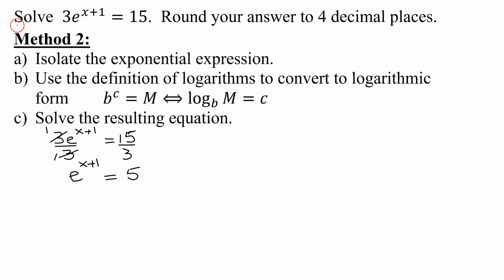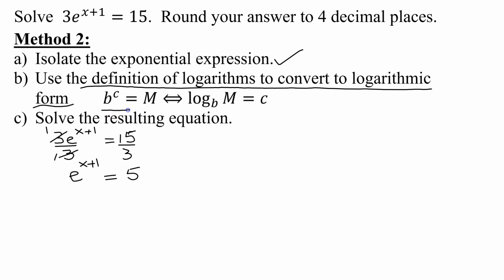I quickly wanted to show you the second method for solving this problem. It required you to isolate the exponential expression, so this is exactly what I did last time. So I just copied it from the last page. And now in step B, instead of taking logs of both sides, it says use the definition of logarithms to convert to logarithmic form.